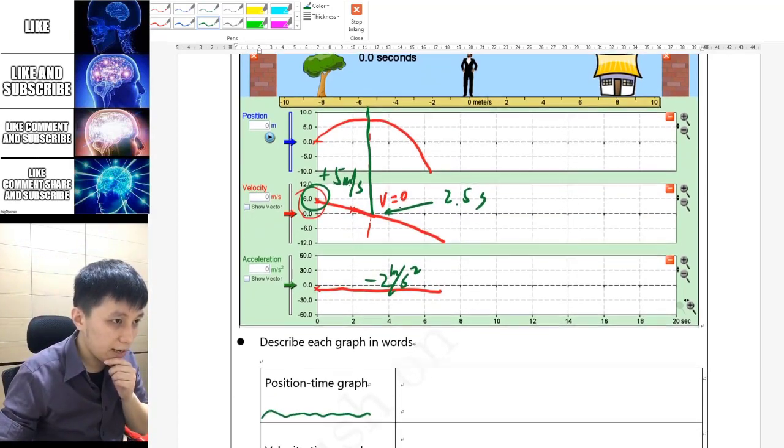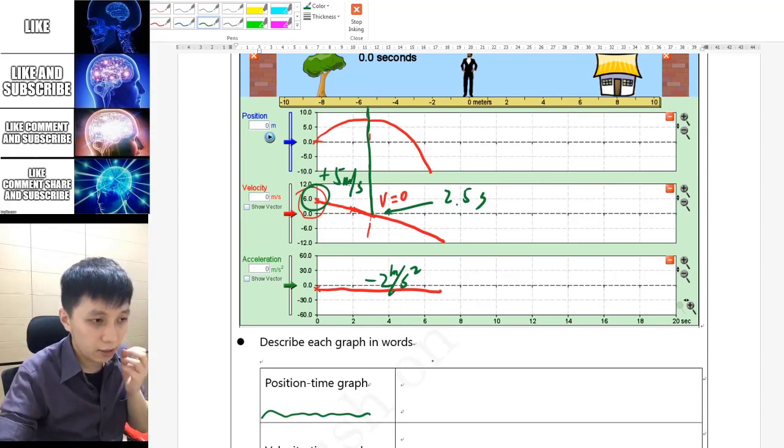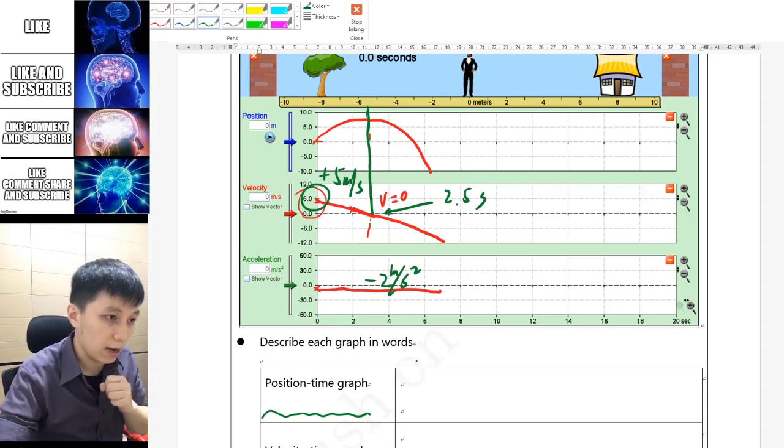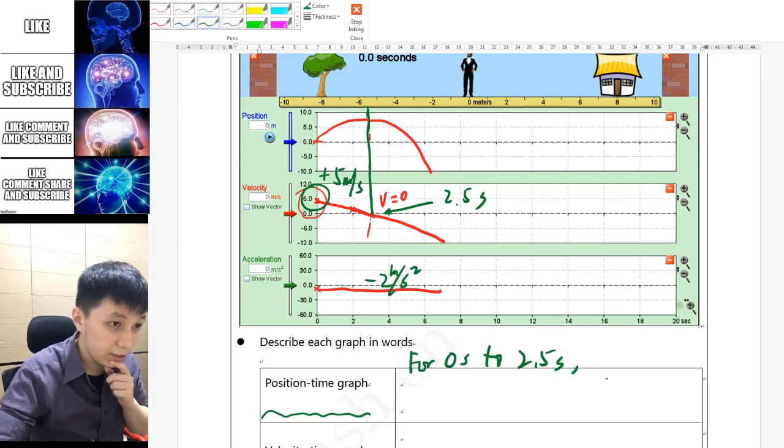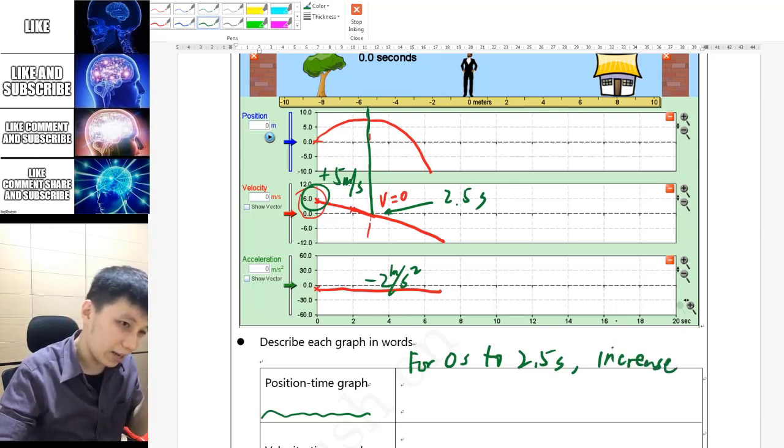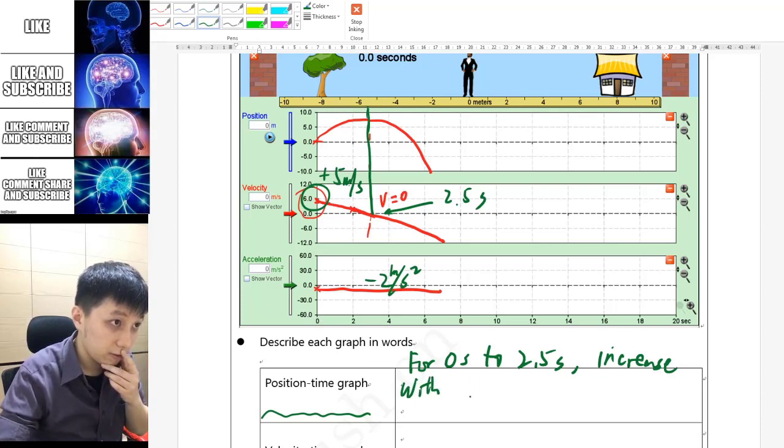So what you can say about it in the position time graph is I would specify the time stamp. So I would say for 0 seconds to 2.5 seconds, it is increasing, right? Increase, you can say the line or whatsoever, increase with a decreasing rate, right?